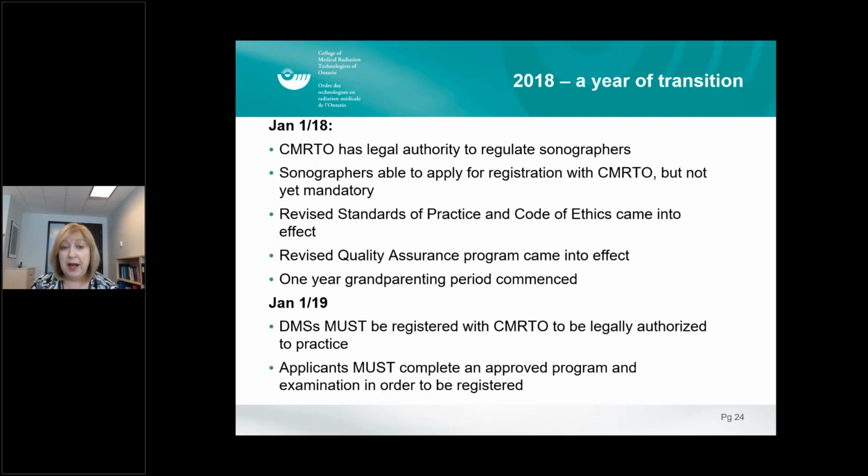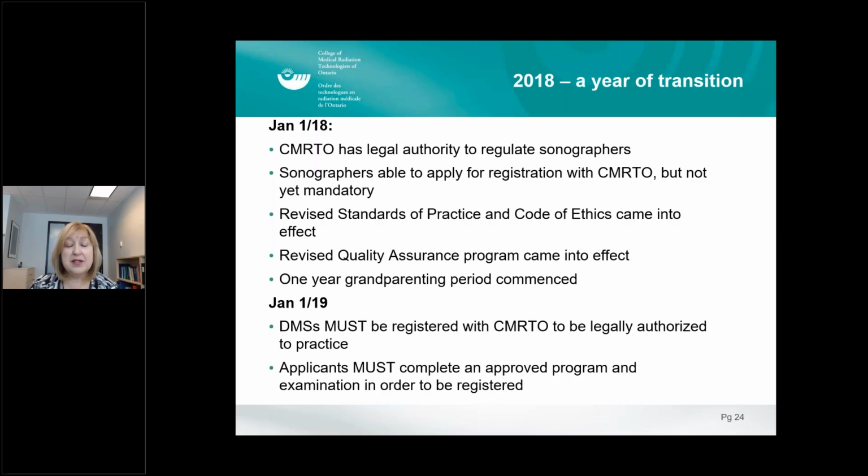Our 1-year grandparenting period commenced, and so we've got this 1 year to get everybody in and get you all registered, so that on January 1, 2019, when it's mandatory that you are registered with CMRTO in order to be legally authorized to practice, you're already there to go. And so our whole work this year has been geared towards getting everyone ready to do that.